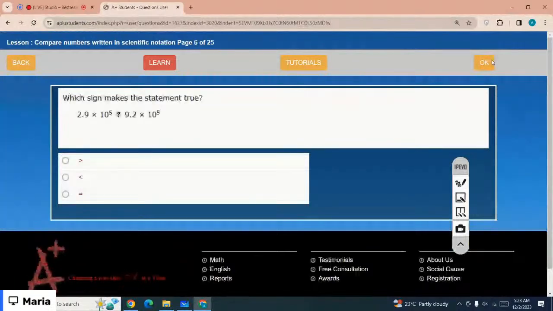Okay, which sign makes the statement true? 2.9 times 10 exponent 5. You have to compare it to 9.2 times 10 exponent 5.